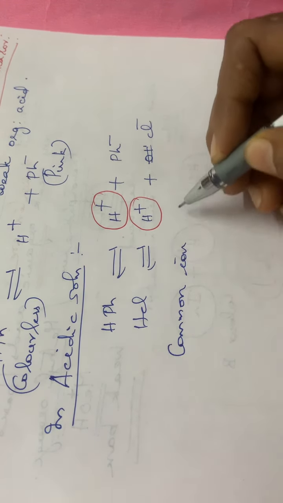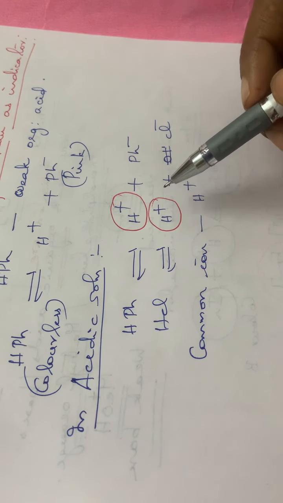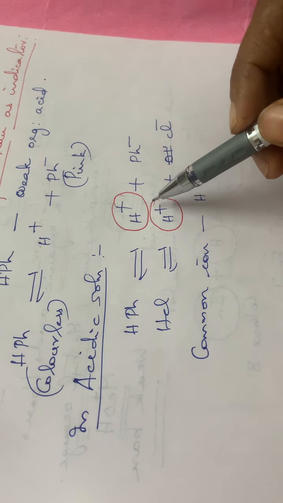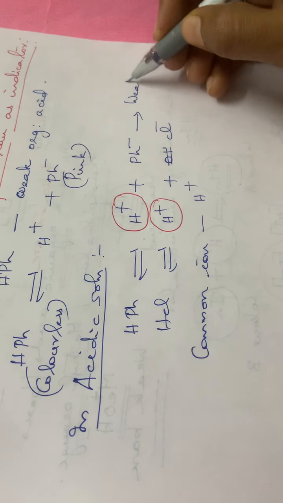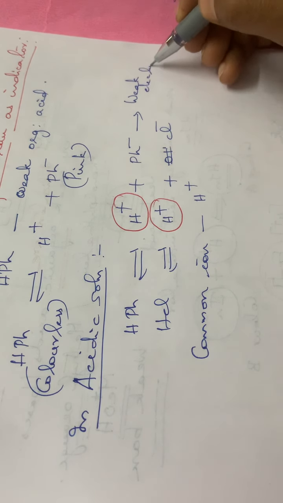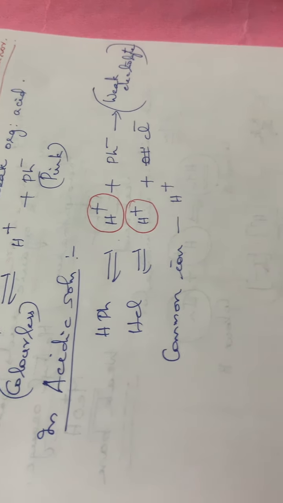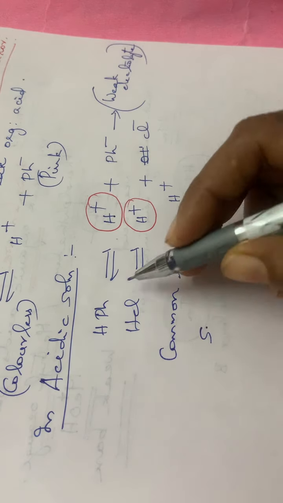So due to the presence of a common ion, there is suppression of the dissociation of the weak electrolyte. Here the weak electrolyte is this particular indicator. So this equilibrium will be shifting towards the left.